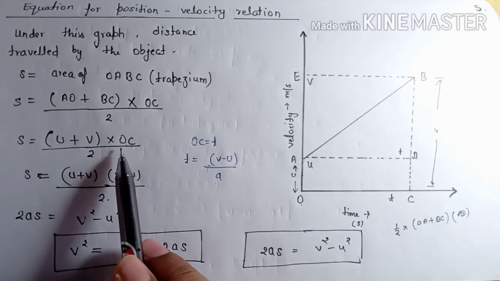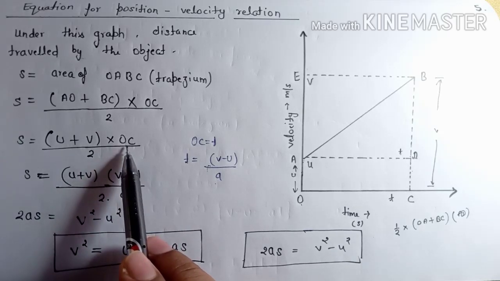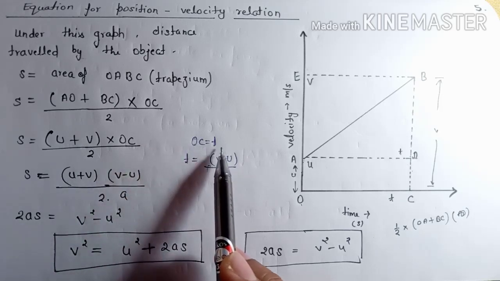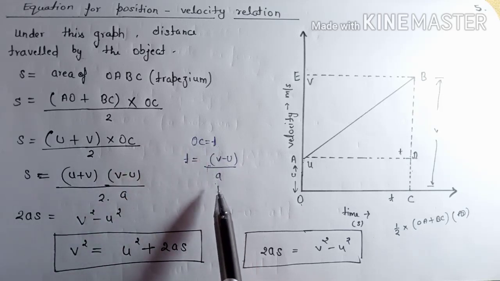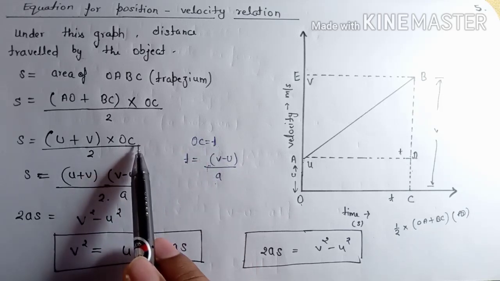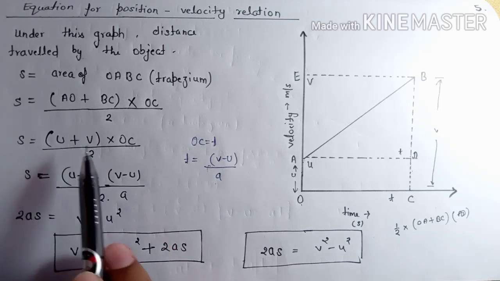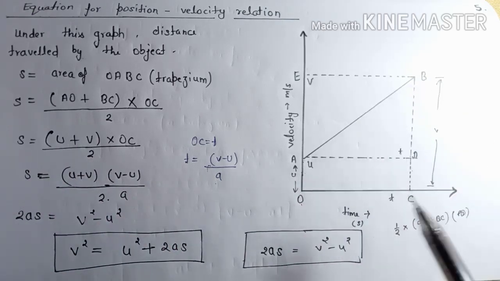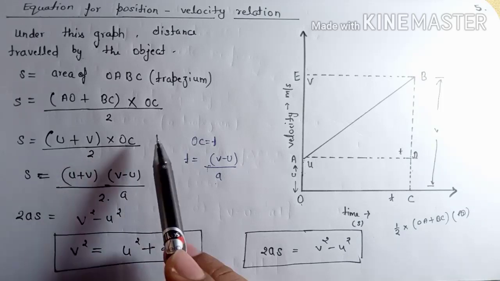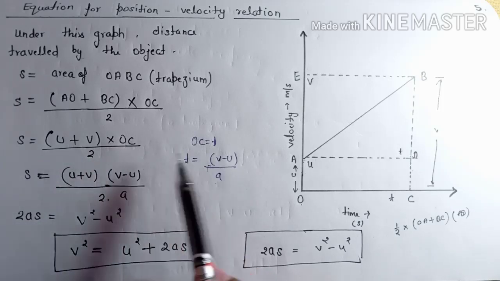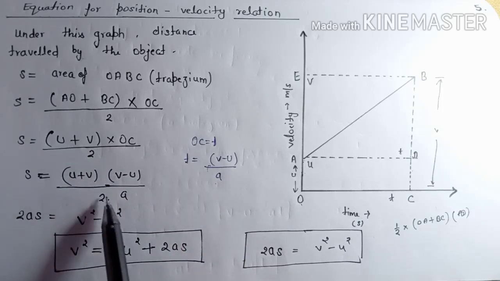So OC is the value of T. Now put T equal to V minus U upon A in place of OC. S is equal to U plus V into OC, and OC is V minus U upon A, and upon 2, because 1 upon 2 is multiplying here.